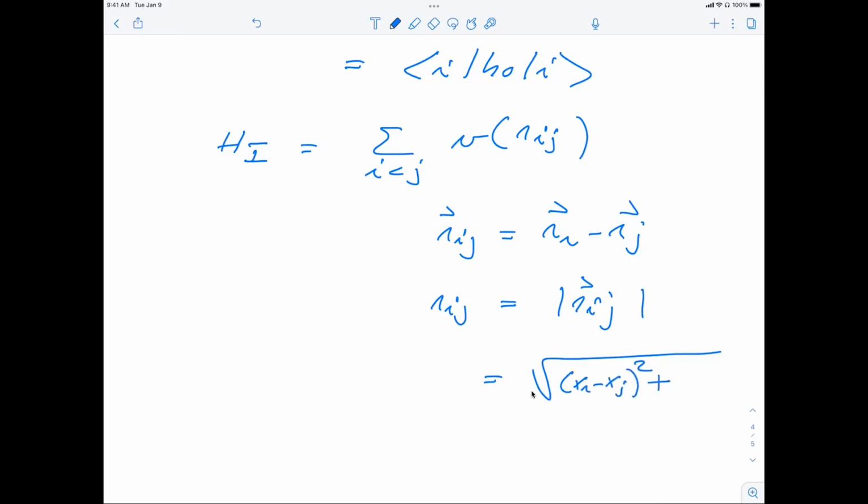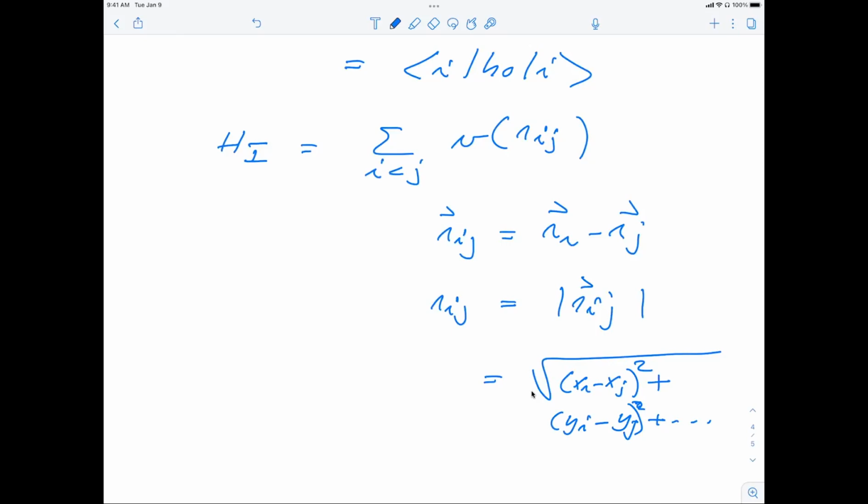And depending on how many dimensions we have, we can just move on with y and z and so on. So I just put dots here because that depends on the dimensionality we have. So if we're just in 2 dimensions, it's x and y, and so on.